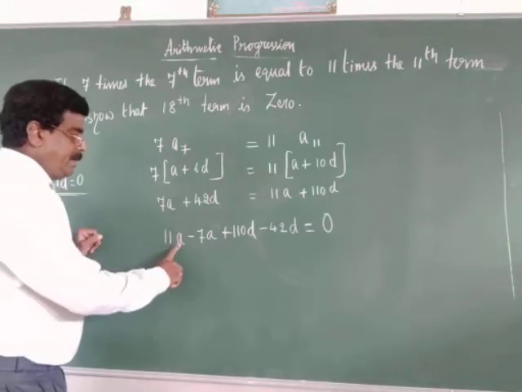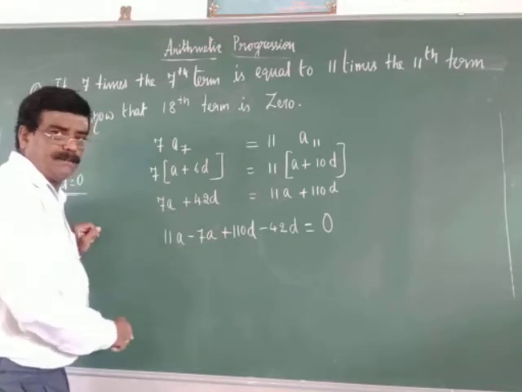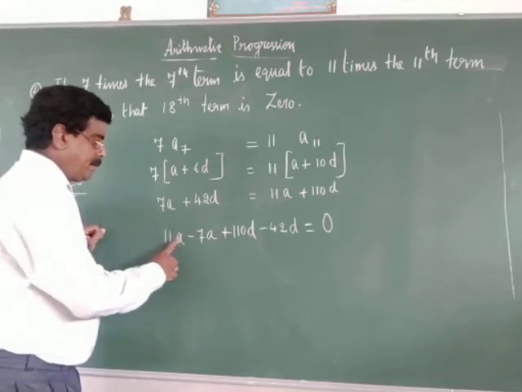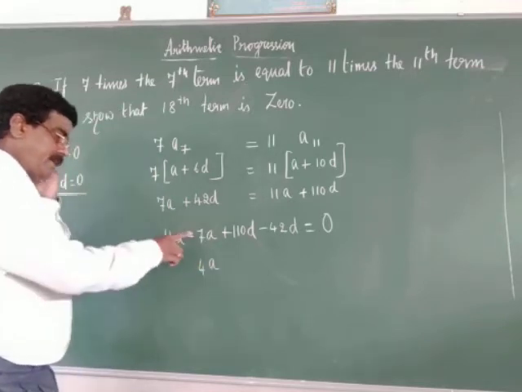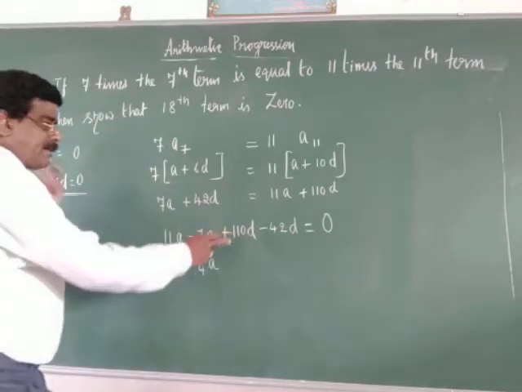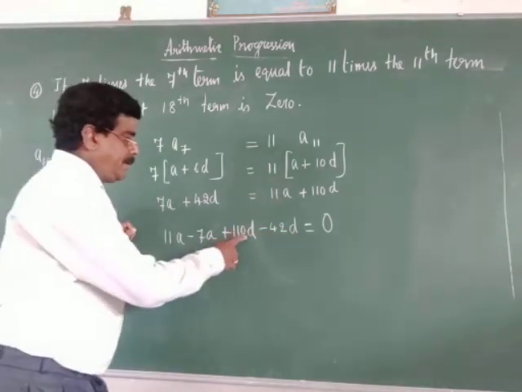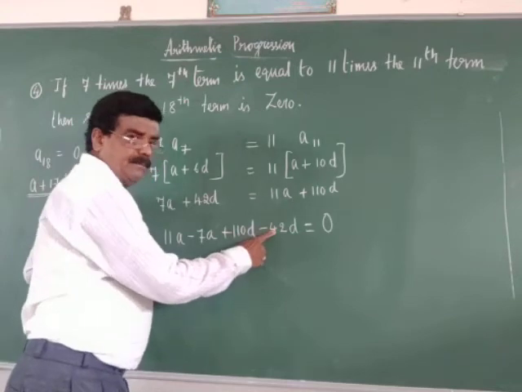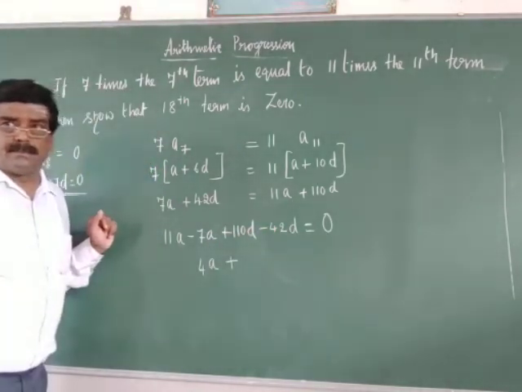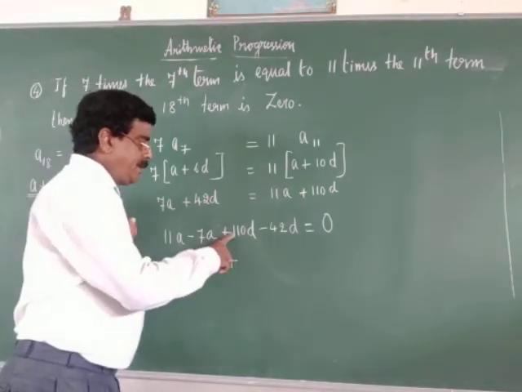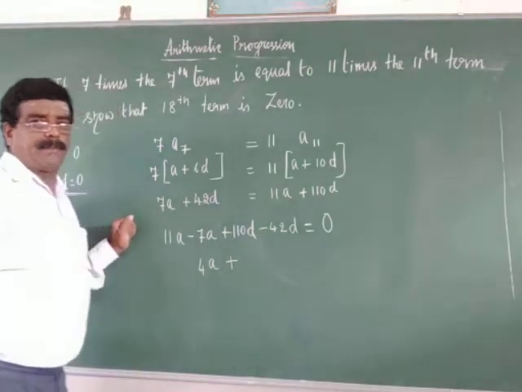Now 11A minus 7A. They are like terms. Here also A, here also A. So 11 minus 7, if you operate 11 minus 7, you will be getting what? 4A, because 11 minus 7 is 4. Similarly here, D is there, here also D. They are like terms. 110 is greater than 42, you must be knowing. 110 contains positive sign, 42 contains negative sign, different signs will subtract.